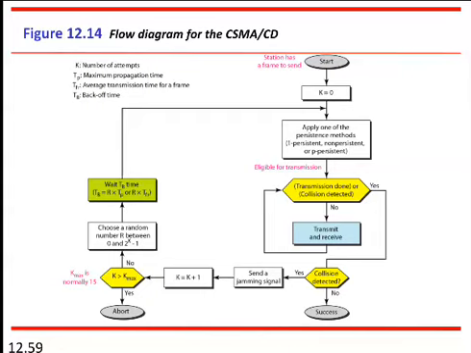Let us see it with the flow diagram. Whenever a station has a frame to send, K is the number of attempts, and as already discussed in the pure ALOHA, even here the maximum value of K is 15, which is the maximum attempt. Here, the difference with respect to the pure ALOHA is that first one of the persistence methods is applied: one-persistent, non-persistent, or p-persistent, to sense the medium.